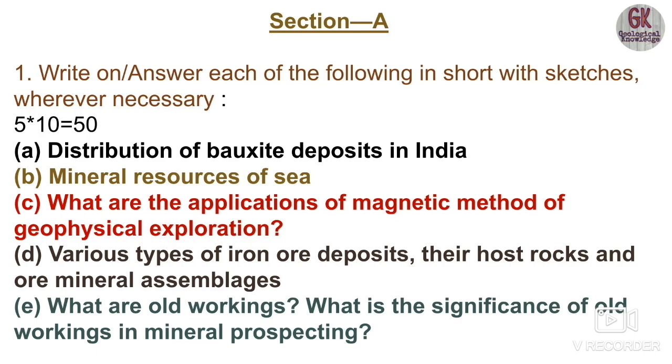And the third is the pocket type deposits, which occupy the solution or erosional depressions in limestone and dolomites. You have to discuss the same thing, the distribution of bauxite deposits in India.